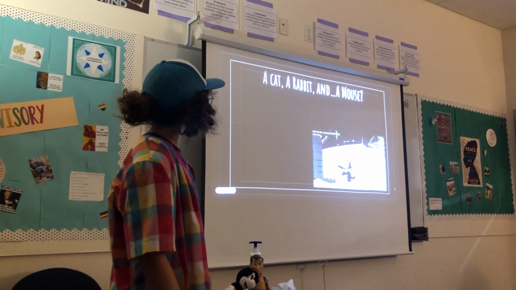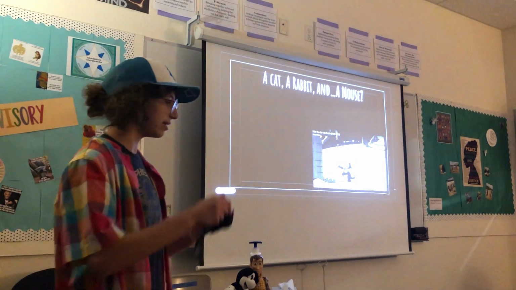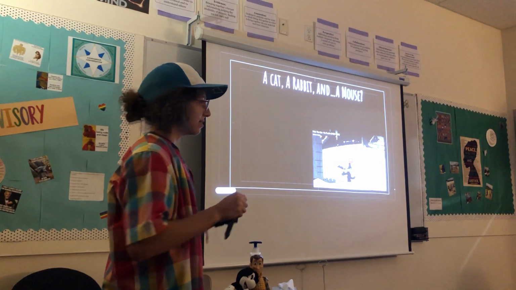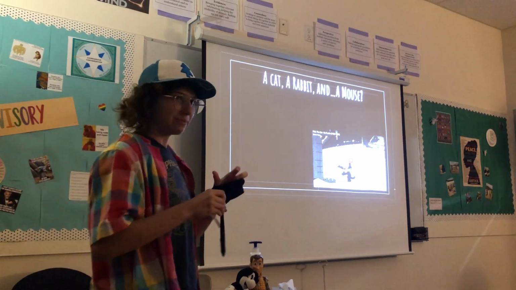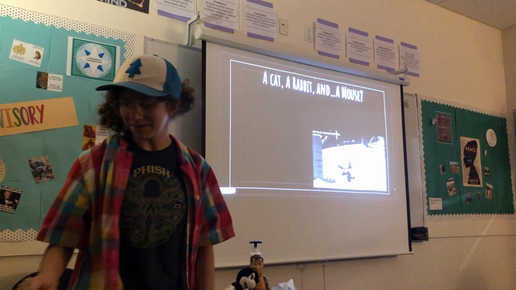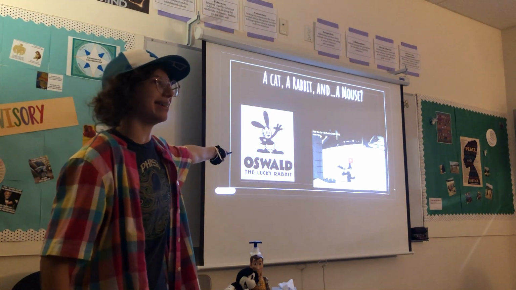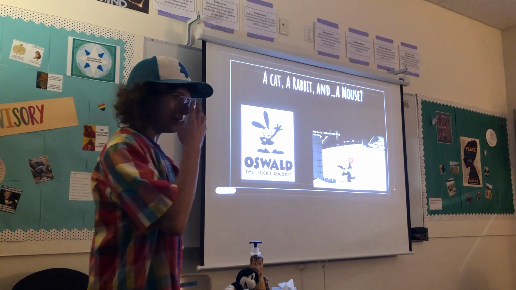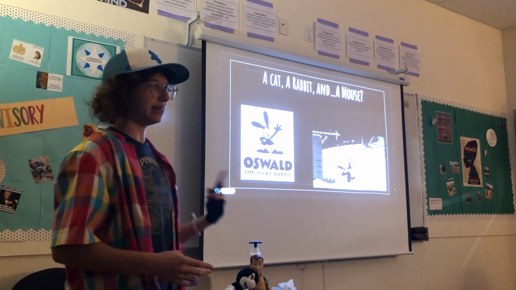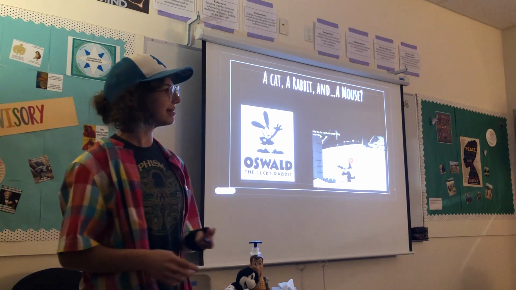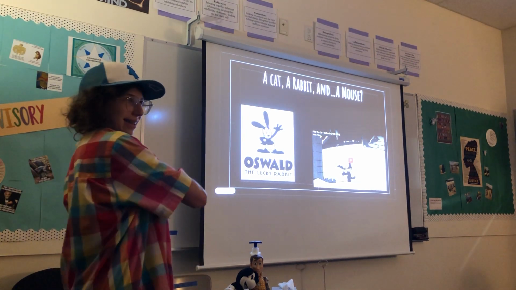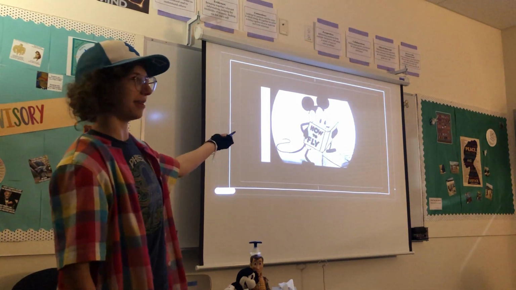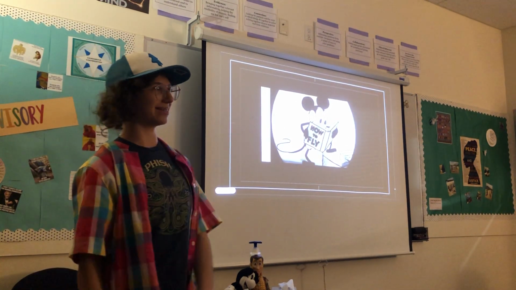And then after Felix came a really cool character, created by this guy whose last name was Disney, and it was Oswald the Lucky Rabbit, not Mickey Mouse. Oswald was something Disney had made, but he didn't have the rights to him, so he got taken, and Disney got really pissed. And that's where Mickey Mouse came from, our really cursed Mickey Mouse right here.